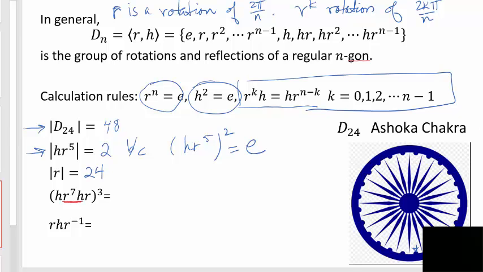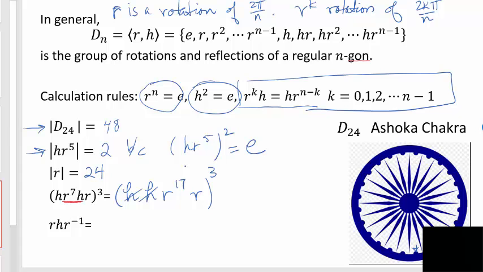So this next example is to do a calculation in D24. Well, I underlined the R to the 7th times H because I want to get that H on the left-hand side. And that is easily done. I'll write down my H. And now I want to write R to the 7th times H as HR to the 24 minus 7, so it would be R to the 17th. And then we have our other R here, and we're going to cube that when we're done simplifying the inside.